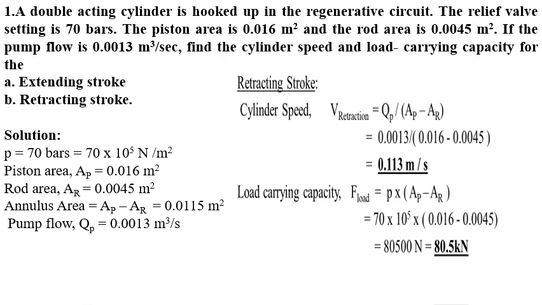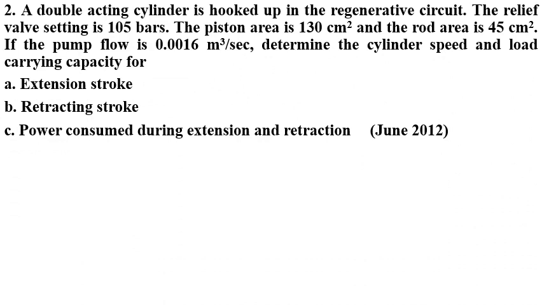We will move on to second numerical. A double acting cylinder is hooked up in the regenerative circuit. The relief valve setting is 105 bars. The piston area is 130 centimeter square and the rod area is 45 centimeter square.